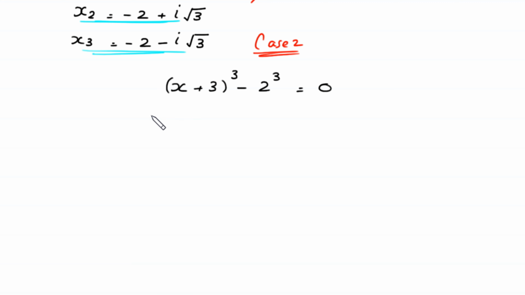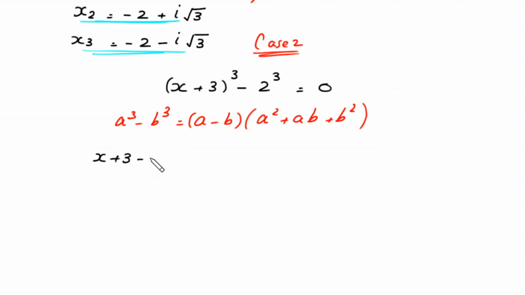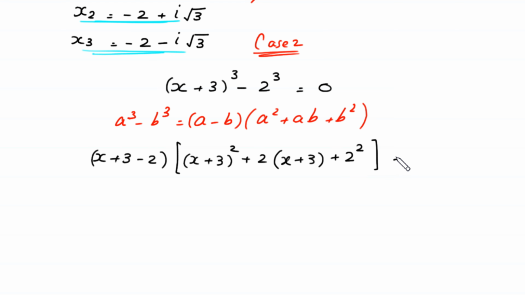Now according to this algebraic identity, a cubed minus b cubed is equal to (a minus b) times (a squared plus ab plus b squared). This expression can be factorized as (x plus 3 minus 2) times ((x plus 3) squared plus 2 times (x plus 3) plus 2 squared) is equal to 0.